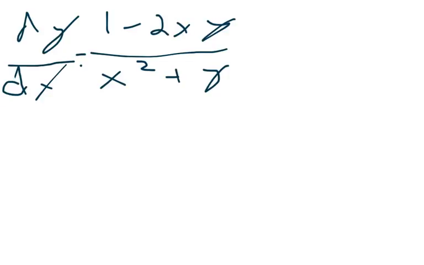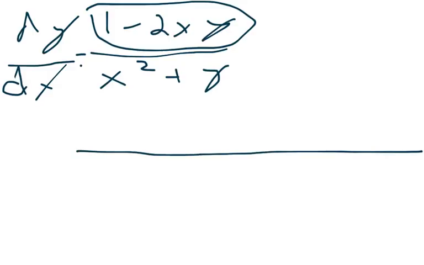We'll have to use the quotient rule to solve this, but first the part 1 minus 2xy will require the product rule within the quotient rule. So in the quotient setup, with everything over x squared plus y squared for g squared, the 1 here will become 0, so we can leave that out. And this is where the product rule will come in.